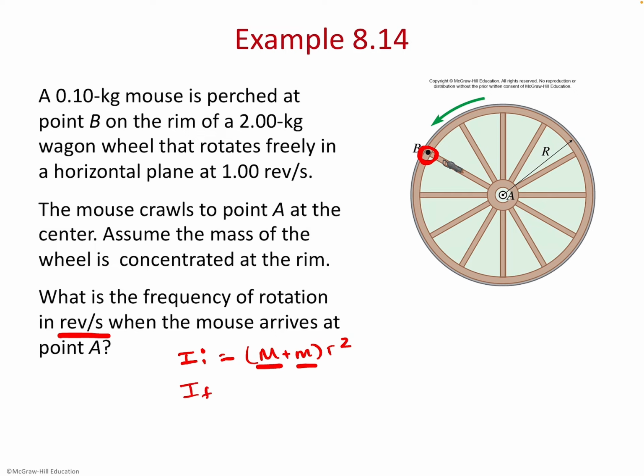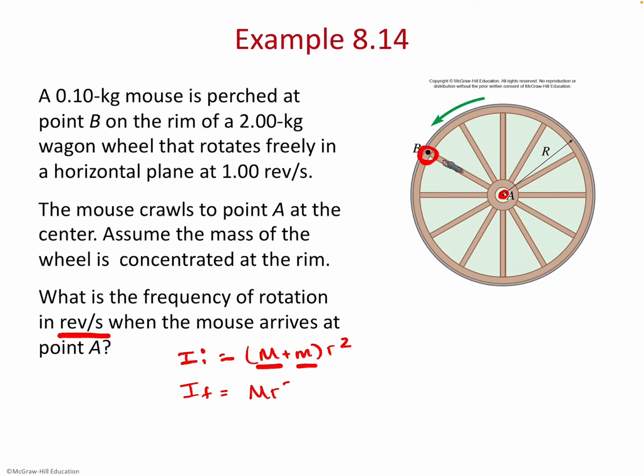For the final moment of inertia, you have point A there. Well, in that one, the mass of the mouse doesn't really matter because it's on the axis point. The only thing that it's really feeling at that point is just the wheel.